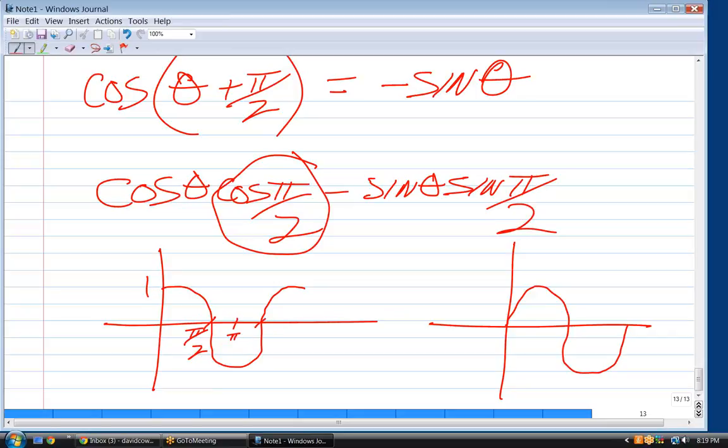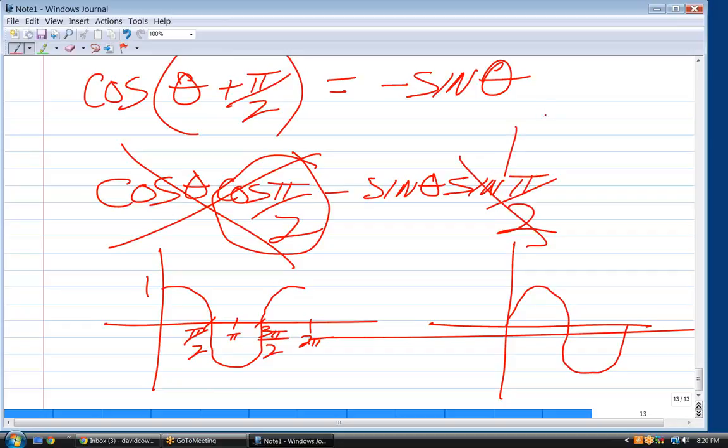Its next quarter point is 3 pi over 2. And its last point is 2 pi. So what's the cosine of pi over 2? 0. Which wipes out that whole thing. What's the sine of pi over 2? Be 1. So there's your answer. 1 times minus sine theta, or just minus sine theta.